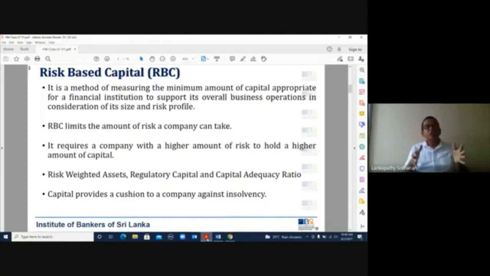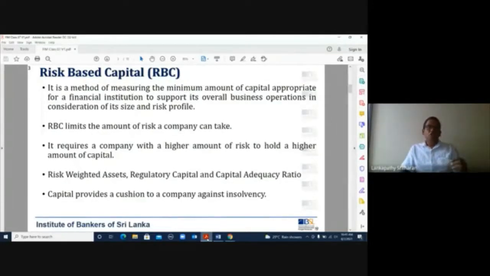Even though we have studied that diversification is one of the main strategies to mitigate risk, there is another strategy which regulators commonly expect, which is maintaining a minimum amount of capital. Maintaining adequate capital is one of the main strategies to minimize the risk.